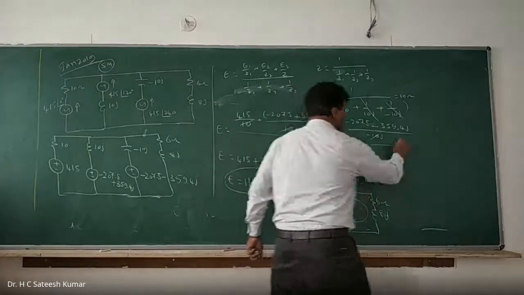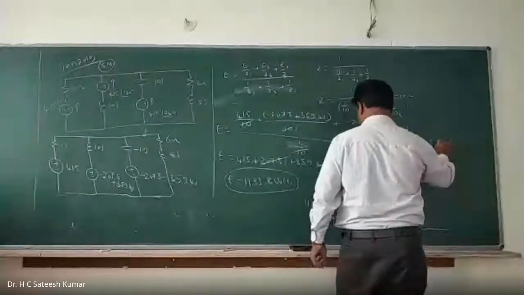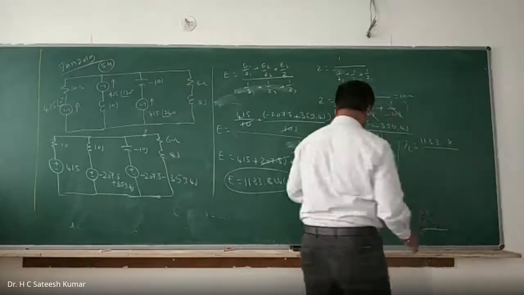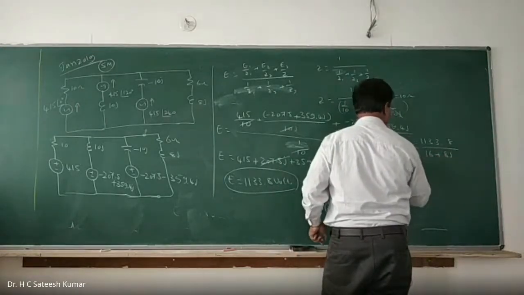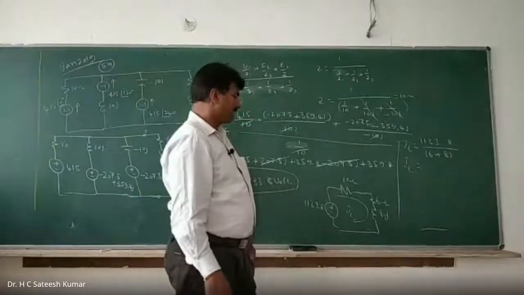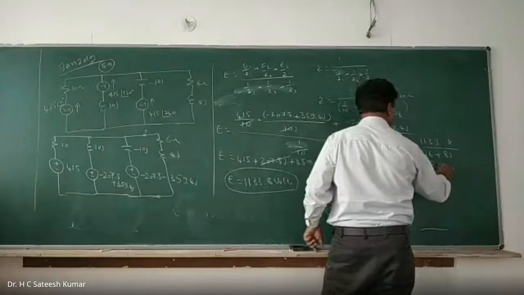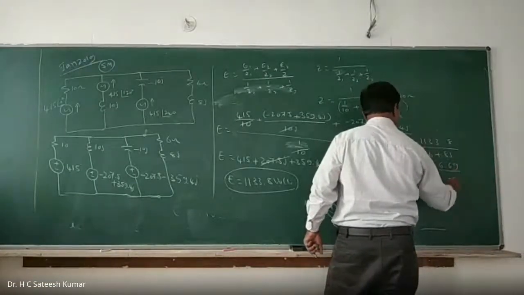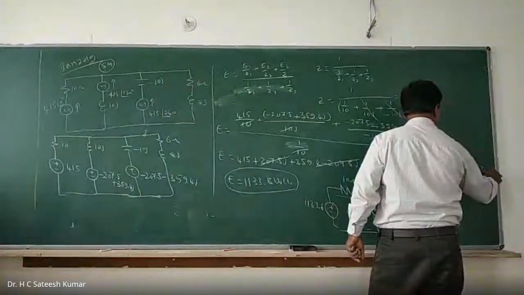So therefore IL is equal to 1133.8 divided by real part 10 plus 6, 16, plus 8J. Tell me what is the value? 56.69 minus 28.34J amps you will get.